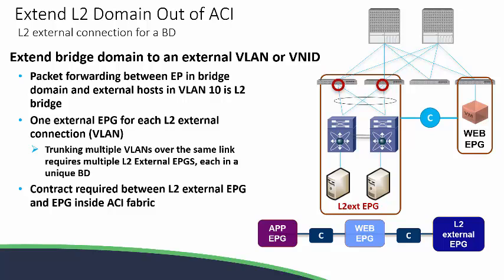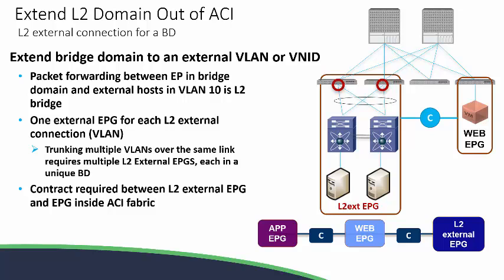So in a network-centric configuration, this would be EPG, bridge domain, or bridge domain, subnet, EPG. So once you've done that, packet forwarding between the endpoint of the bridge domain and external hosts is via Layer 2 bridge. You have one external EPG for each Layer 2 external connection.